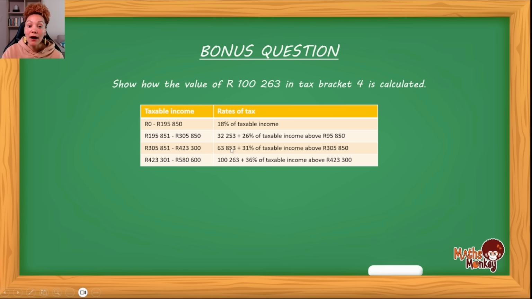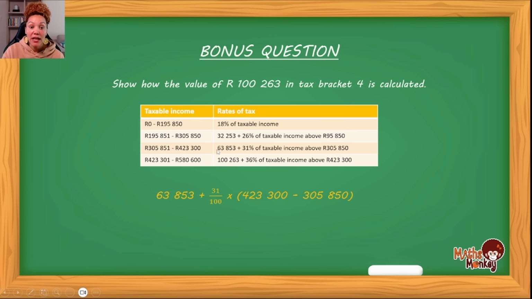Now, if you're not shown how to do this, it is a very difficult thing to figure out. But to find these start values, you always take the previous bracket. So I'm taking 63,853, which I got from the previous tax bracket, and I work out the tax as if this maximum amount was the taxable income.